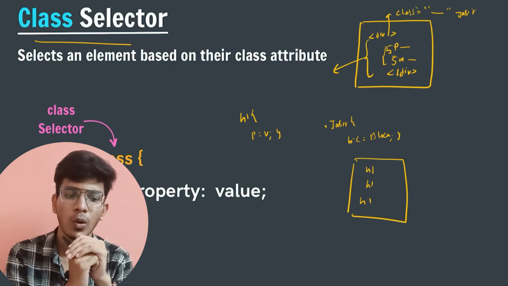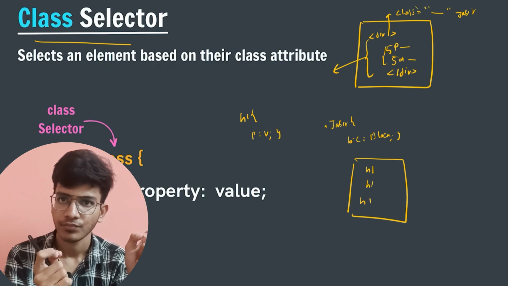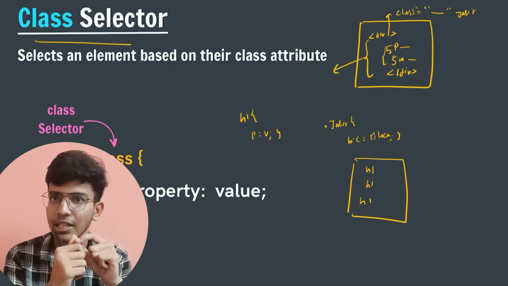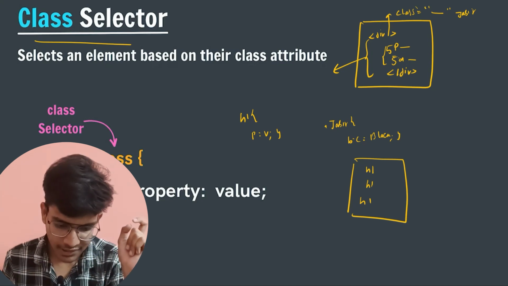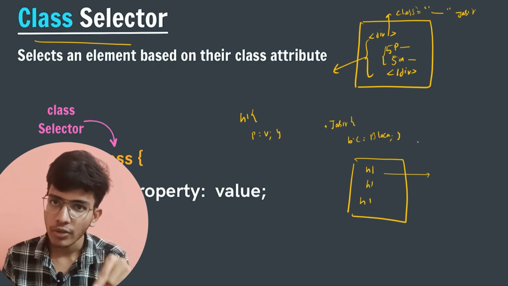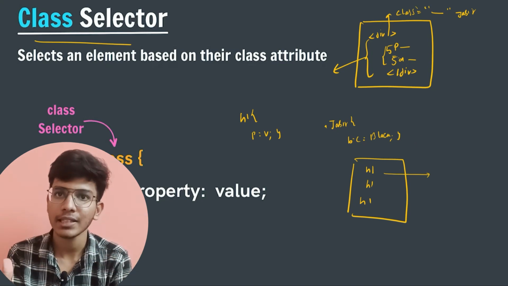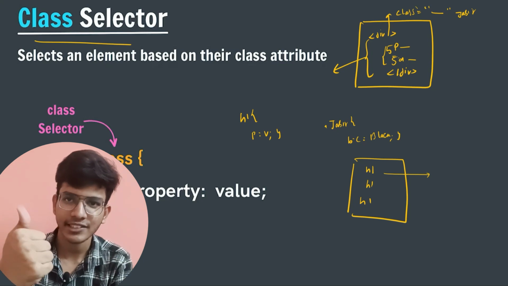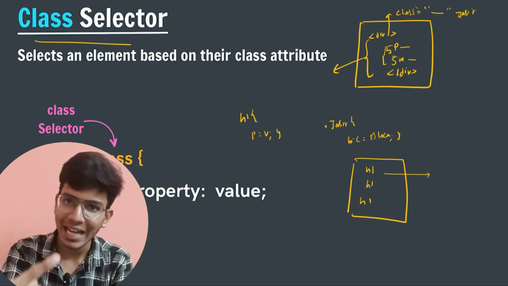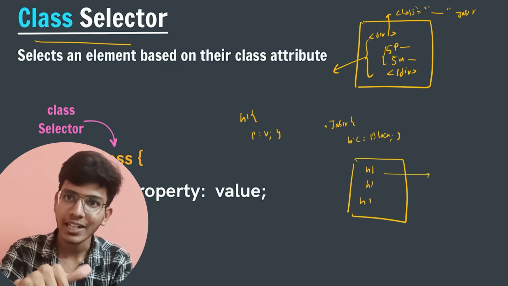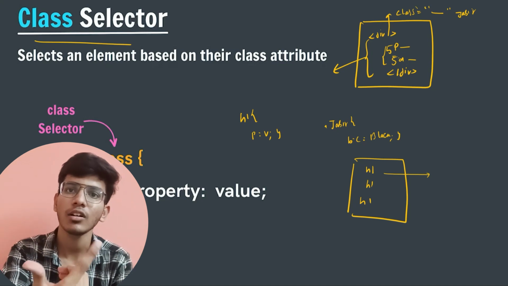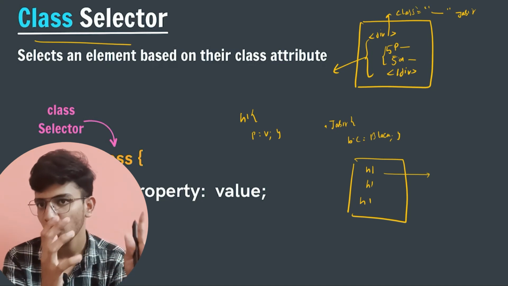Now you want a single h1 tag to have separate styling. Let's say for this first h1 tag I want different styling. Then I can create a separate id for this element, or I can give a separate class. And if I create a class for this element, then it will follow the properties of the class. I hope you have understood.